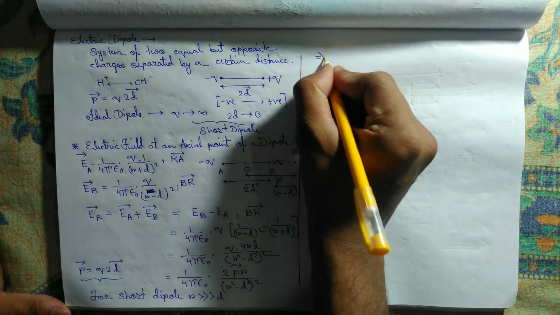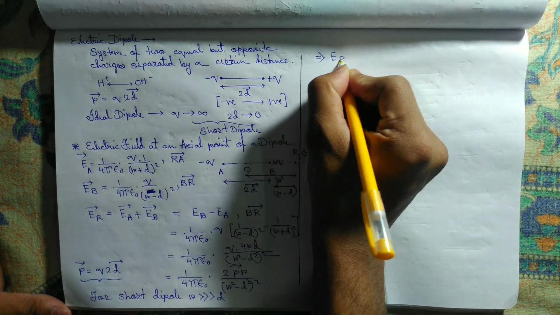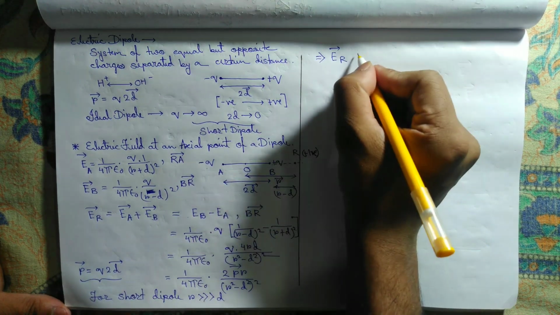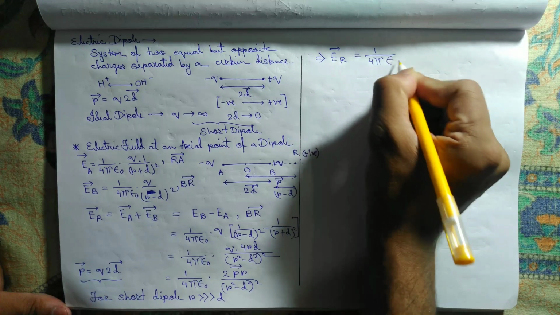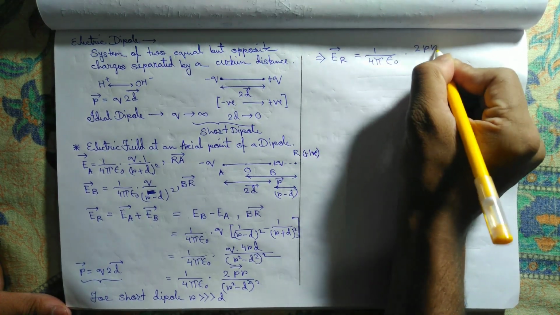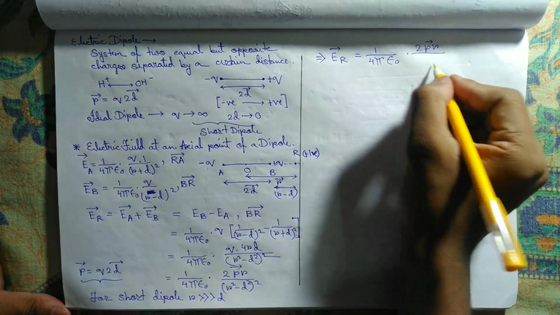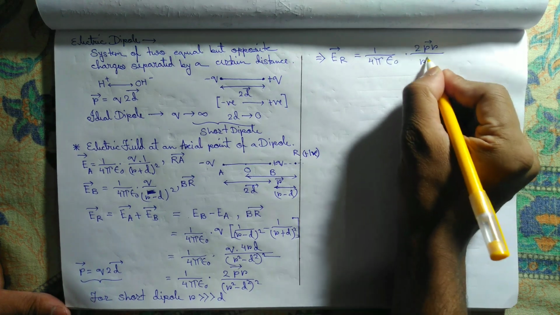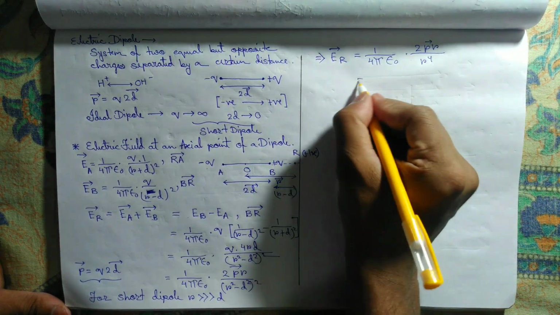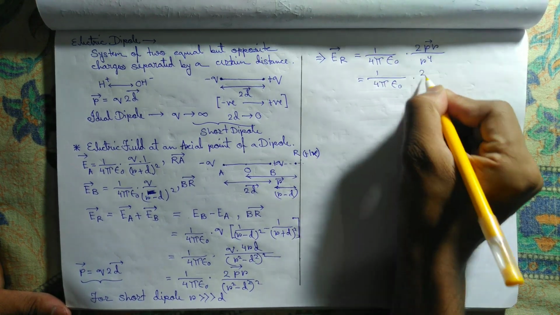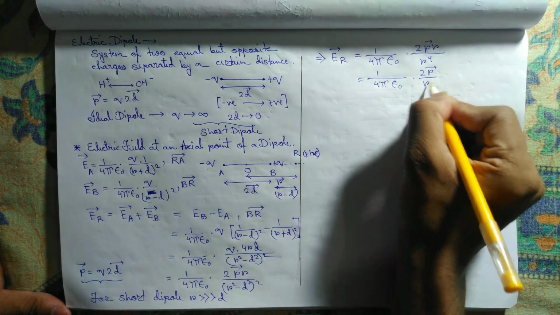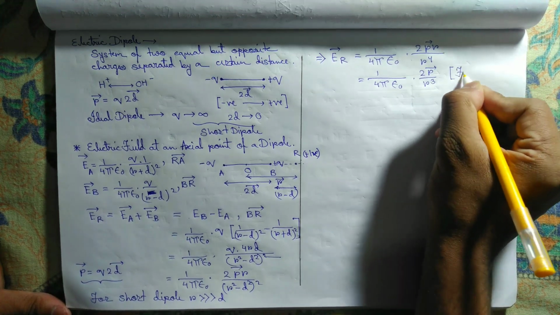So we can write E_r equals 1 by 4 pi epsilon naught, 2Pr by (r square minus d square) to the power 2. r will be cancelled out, so 1 by 4 pi epsilon naught 2P by r cube for a short dipole.